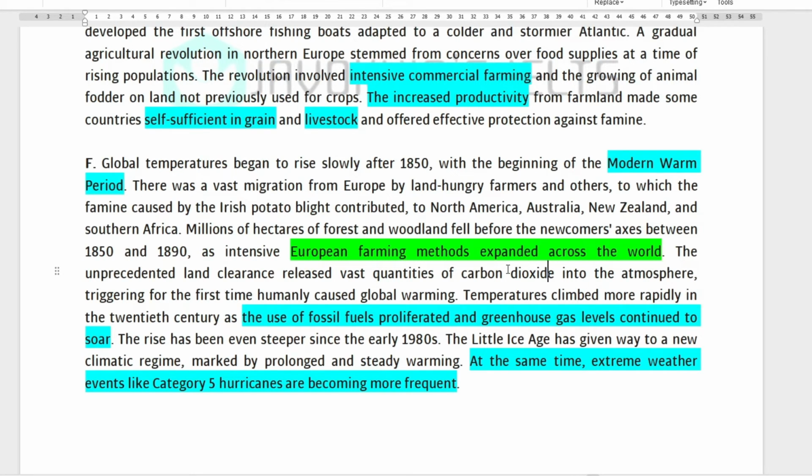First, the humanly caused global warming. So what is it saying? Because of intensive European farming methods, the unprecedented land clearance released vast quantities of carbon dioxide into the atmosphere, triggering for the first time humanly caused global warming.